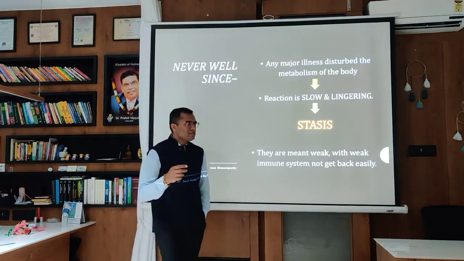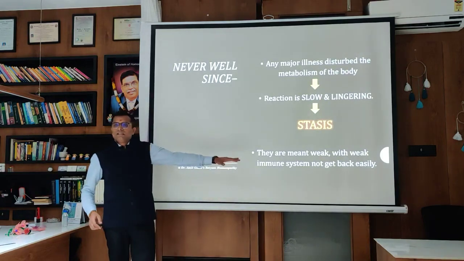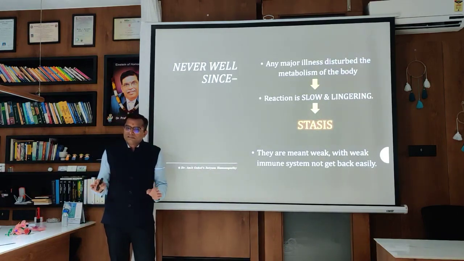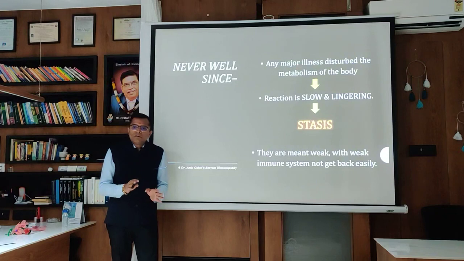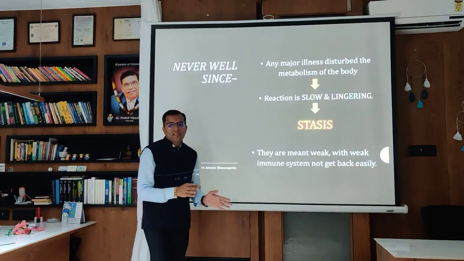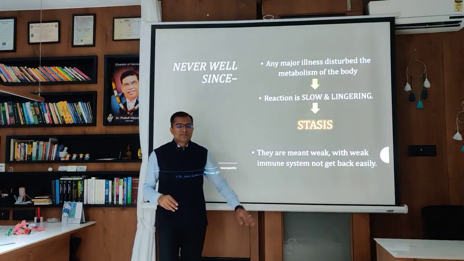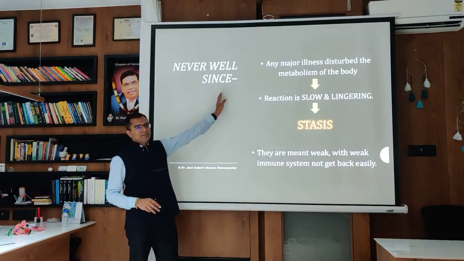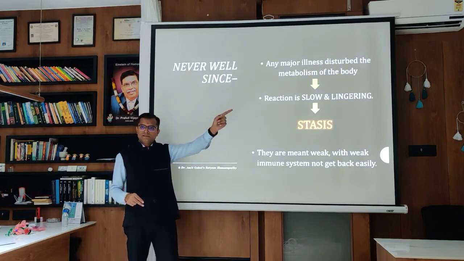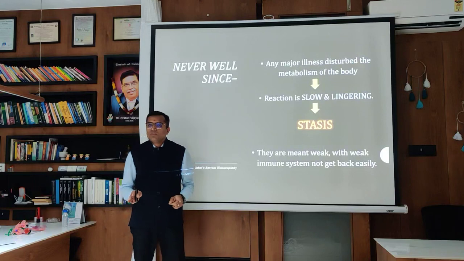So to understand carbon, we see the slow development of the disease. So why is this slow development of disease? When any major illness disturbs the metabolism of the body, the person says never well since that disease, and that leads to disturbances of the metabolism of the body.